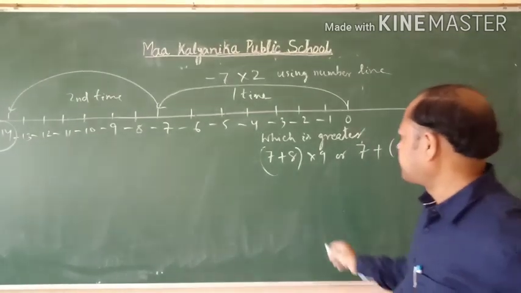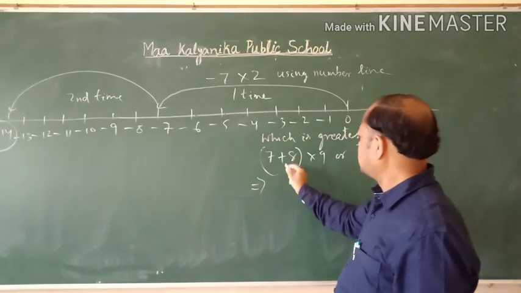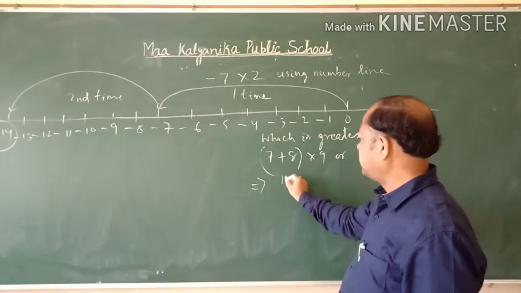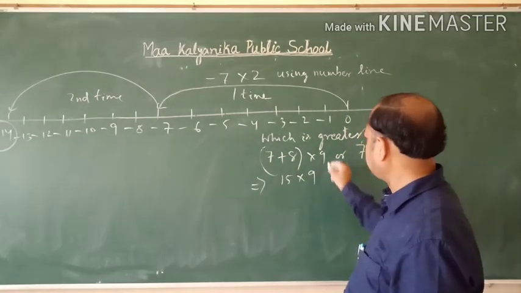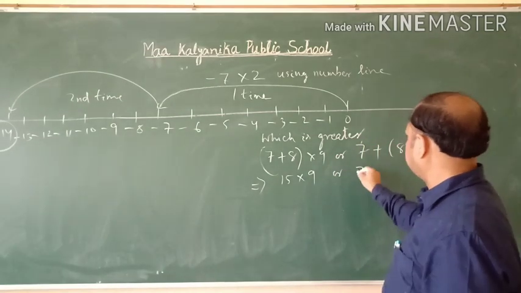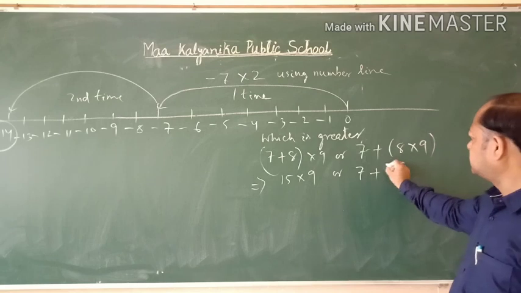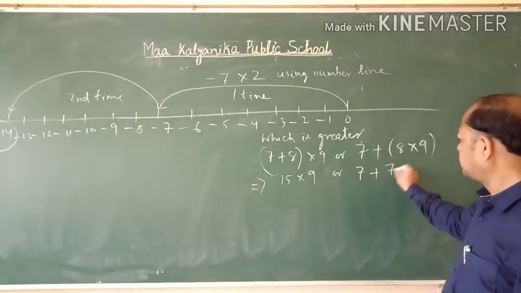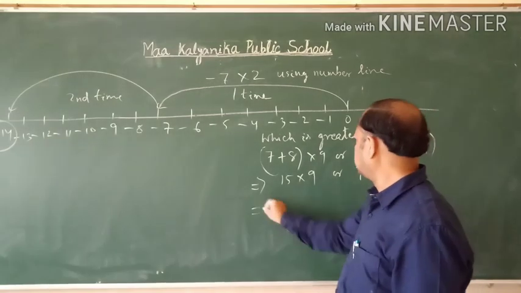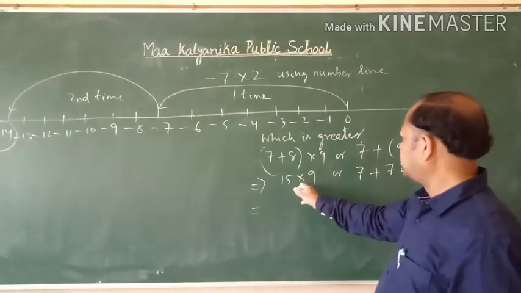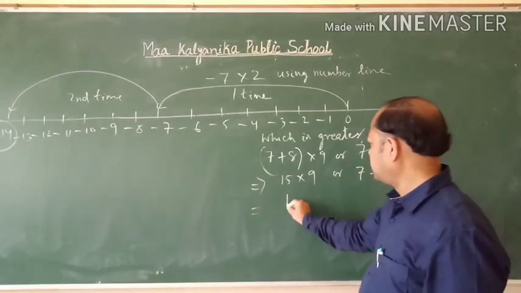We have to see. Now here 7 plus 8 will be 15, into 9, or 7 plus 8 into 9. So this is the rule: 8 into 9 is 72. Now just multiply: 15 into 9 is 135.